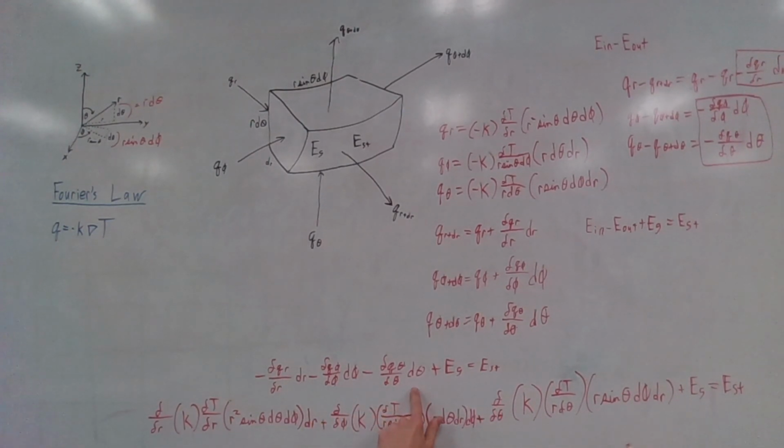And same thing with this one here. Plus our energy generation equals our energy storage. But we forgot our d theta there. So we'll just put that there. And that's no problem.